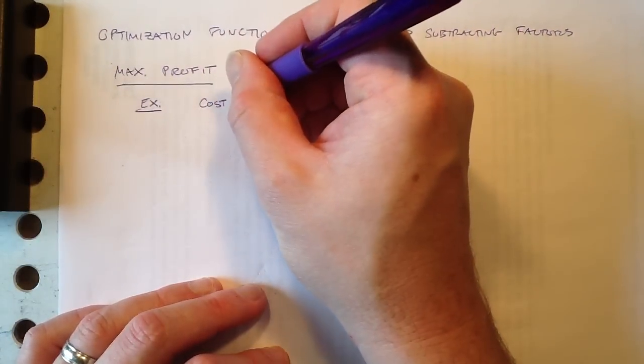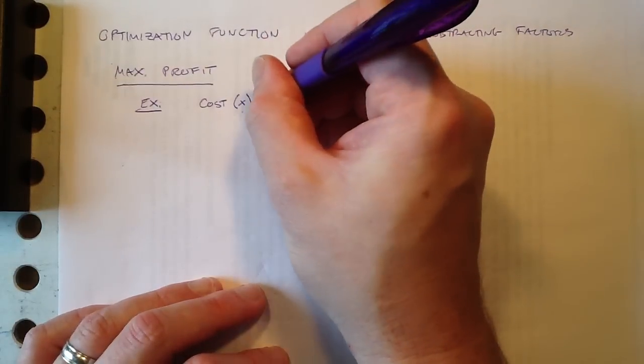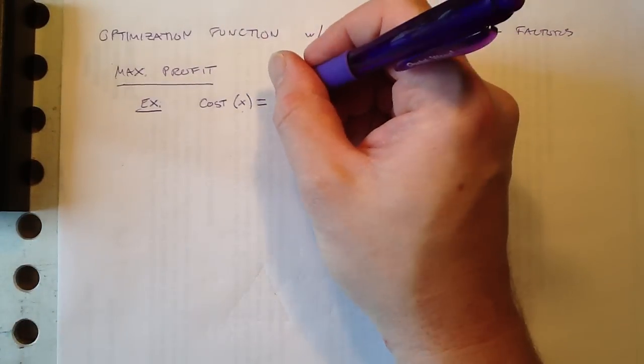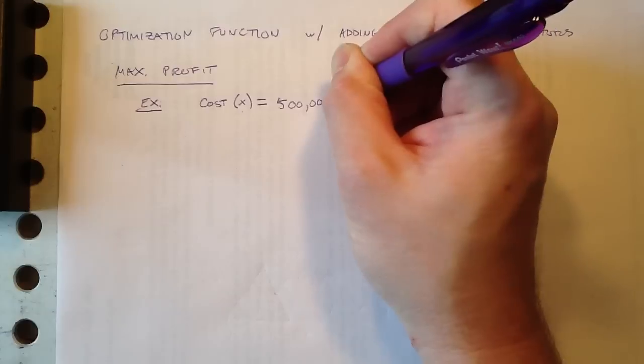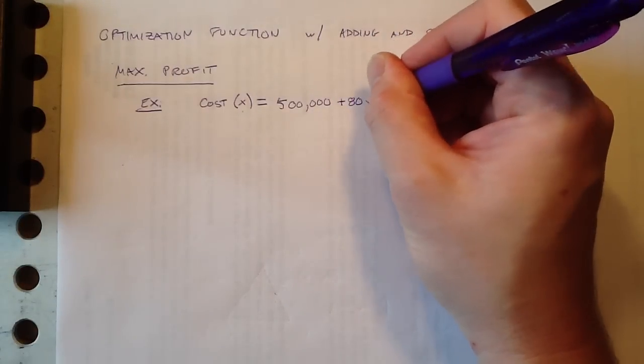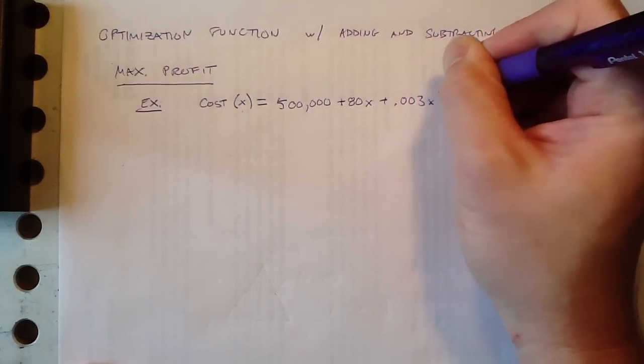The cost to us as manufacturers of producing x items is maybe something like this: 500,000 plus 80x plus 0.003x squared.